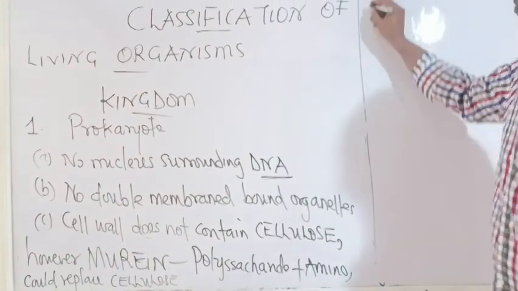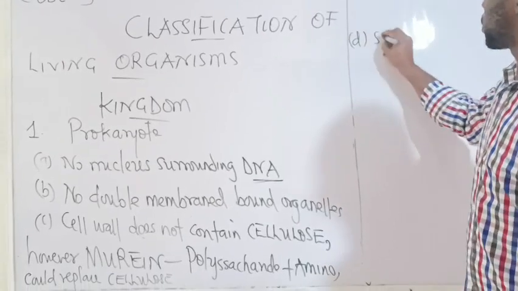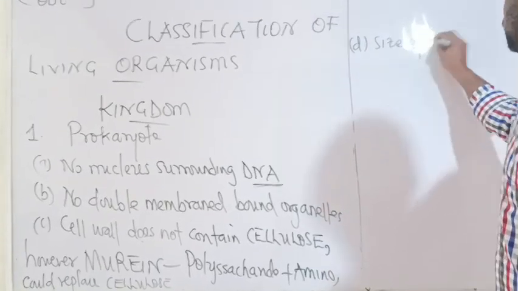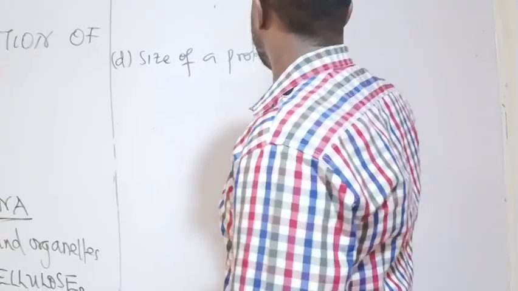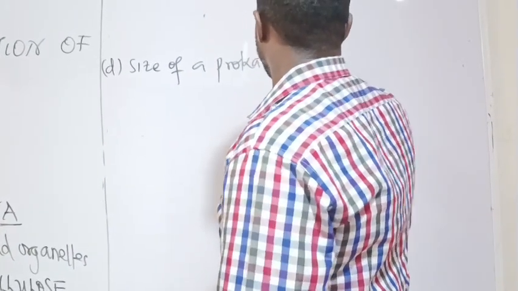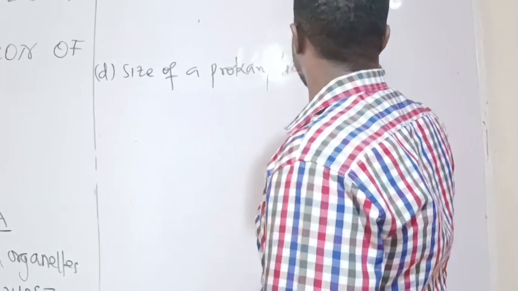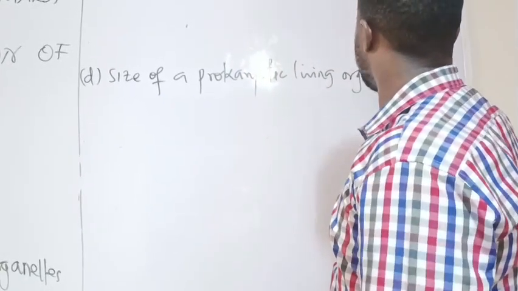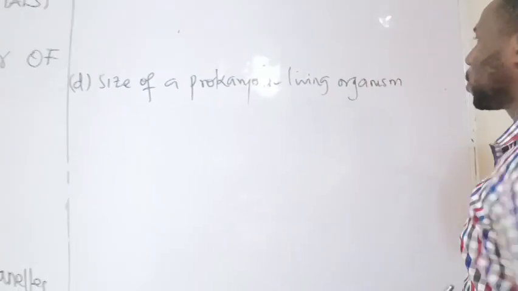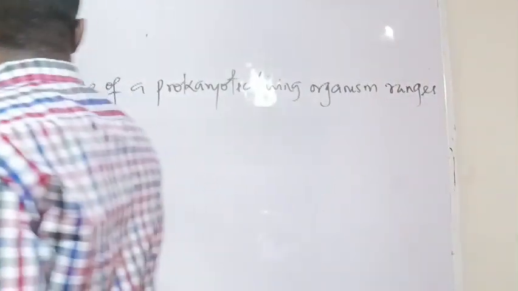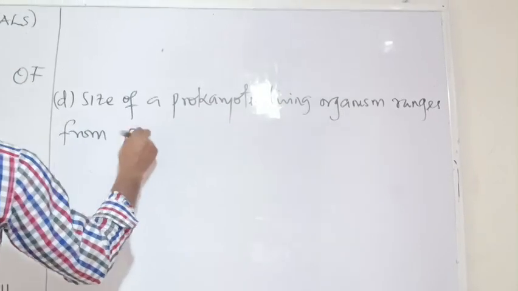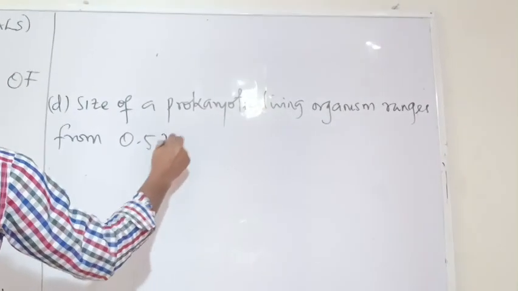So the D part now, the size of a prokaryotic living organism, ranges from half a micrometer.